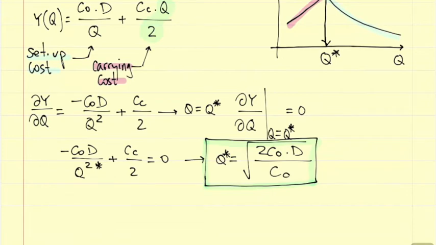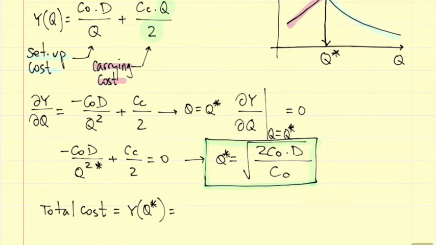So the total cost equals Y of Q star, and if we perform this, we just need to put our value of Q star in the above equation.